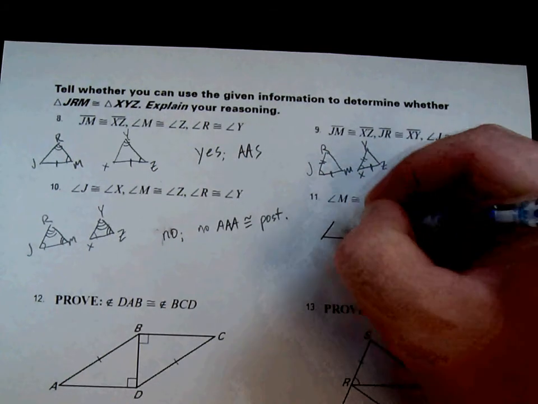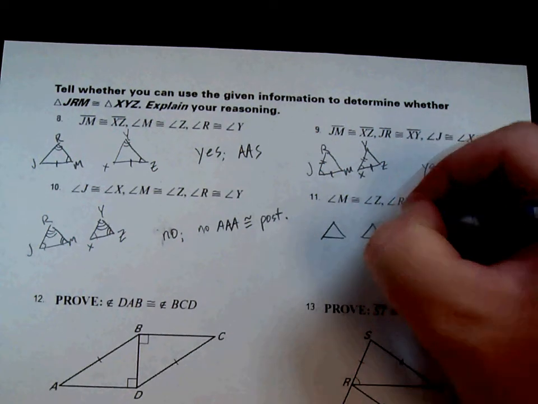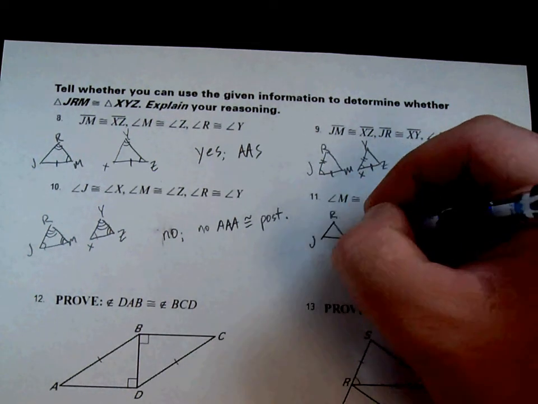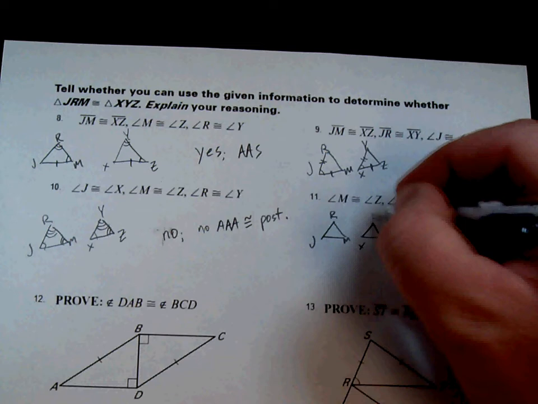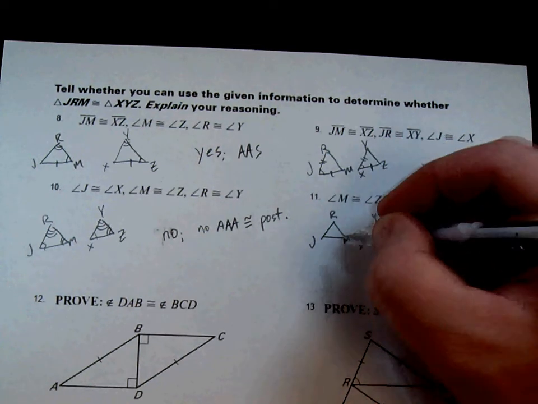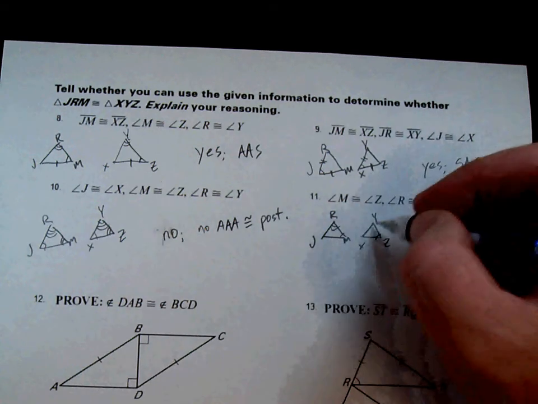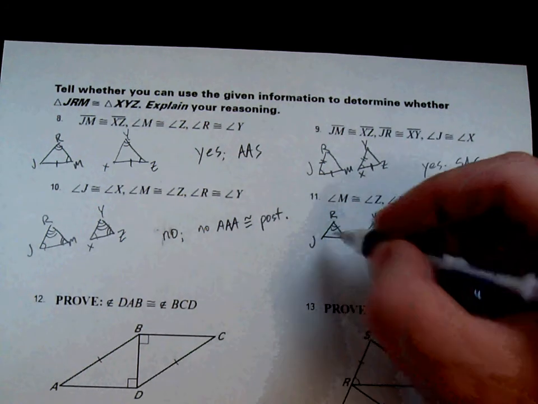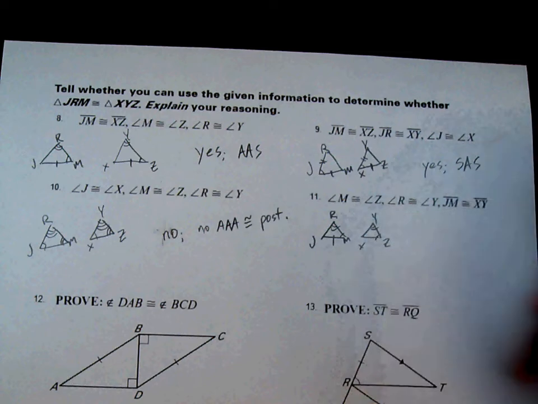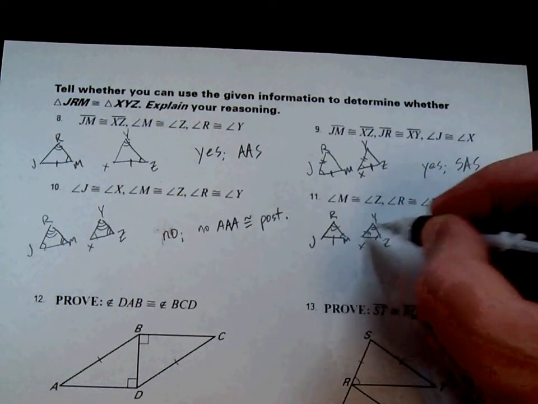So let's take a look at number 11. So M is congruent to Z. Angle R, use double arcs, is congruent to angle Y. JM is congruent to XY.